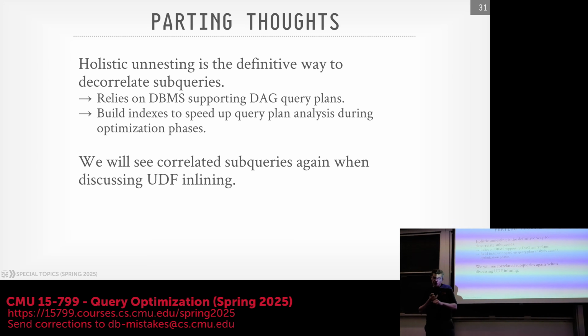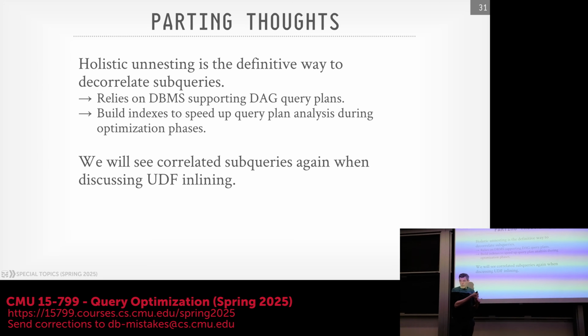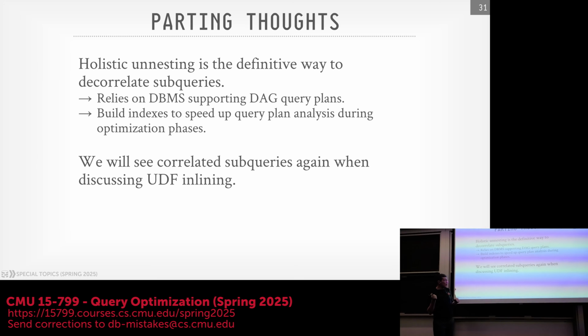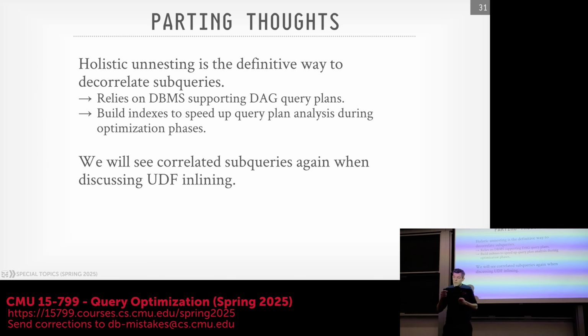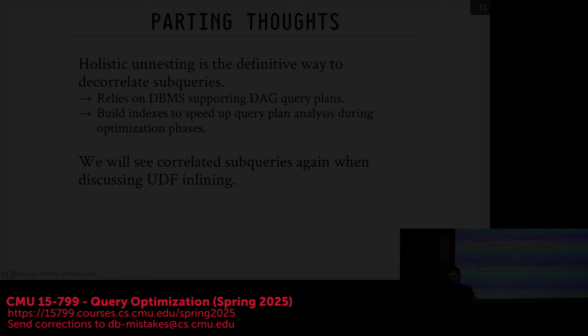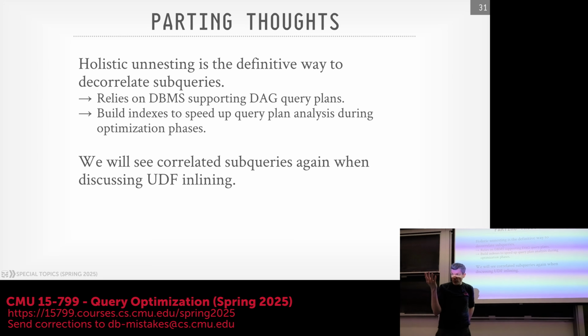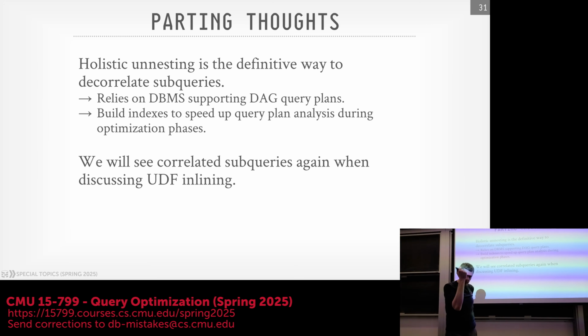So we're going to see these nasty correlated subqueries again, in the lecture after the spring break, because we'll see this again with UDF inlining. That was the motivation for why he ended up writing something. All right, again, this is super challenging. Very few systems can implement this. It's Umbra and Hyper.